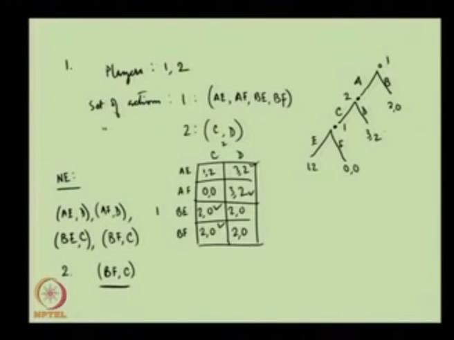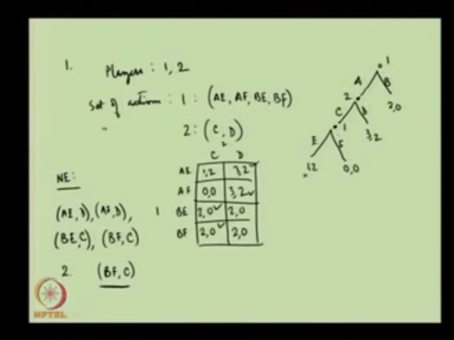And given player 2 is choosing C, player 1 is saying that if A C occurs, I am going to play F, because it does not really matter, as player 1 has already chosen B. This is a Nash equilibrium, because if player 1 deviates and chooses A, then he is going to get a maximum of 1, given player 2 is choosing C. So, his action is optimal.